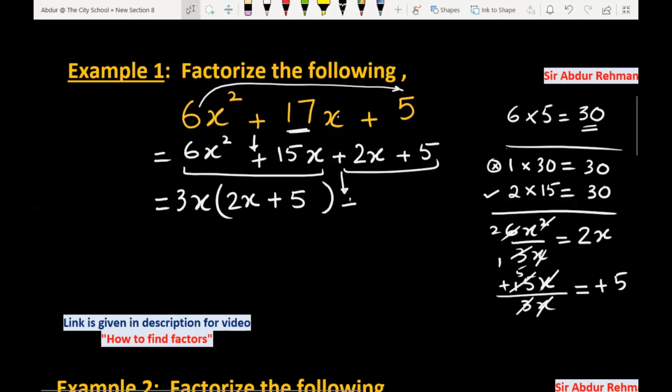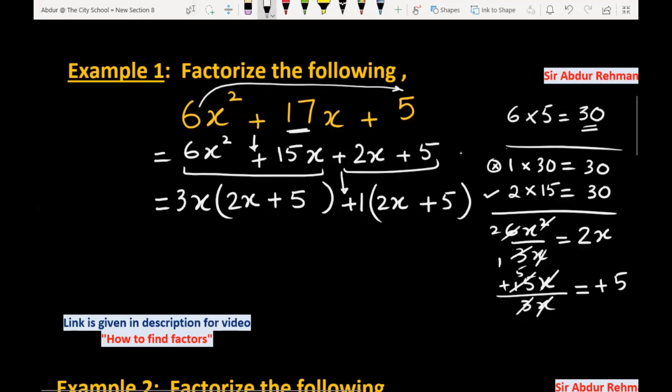This is a positive sign, and there is no common factor in 2x and 5, so let's assume 1 is common here. When you divide 2x by 1, it will be 2x also. And positive 5 divided by 1 is also positive 5. Make sure each bracket is the same. This is 2x plus 5 and this is 2x plus 5.